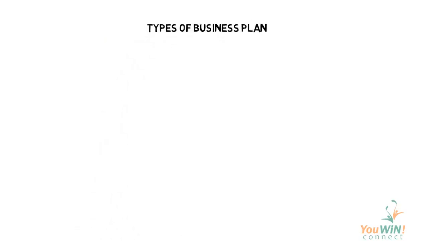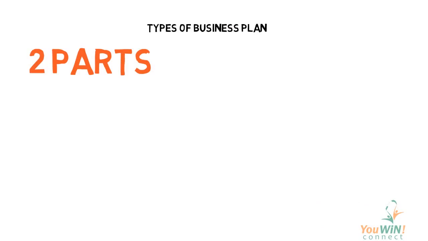Types of business plan. A business plan is divided into 2 main parts. First is a periodical plan, or what in other parlance is called an annual plan. An annual business plan is that which the company needs to achieve its objectives for the year.